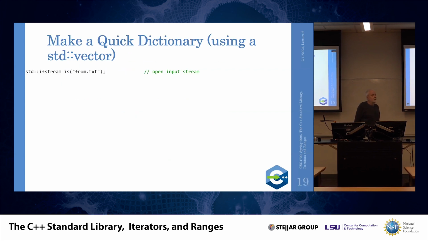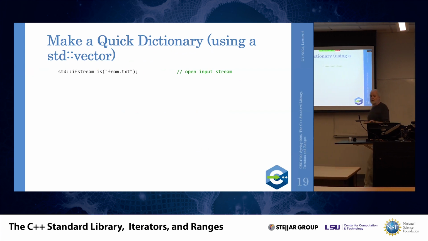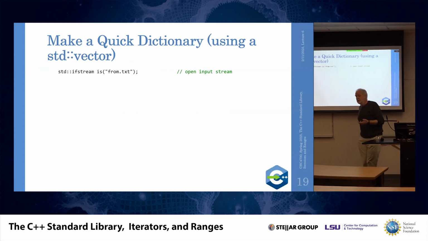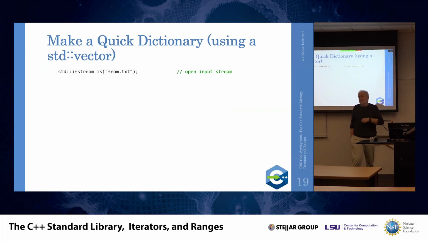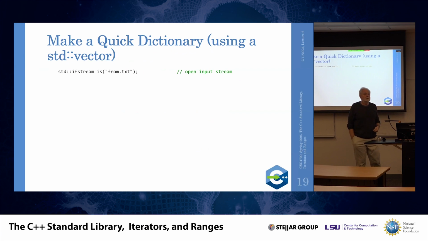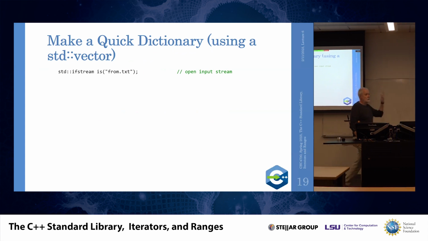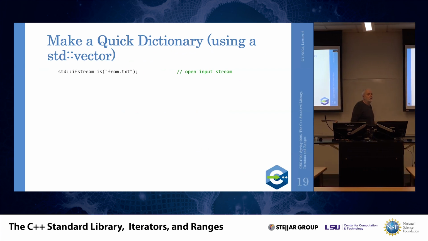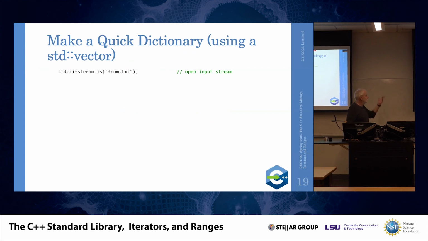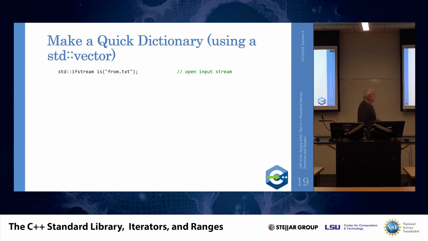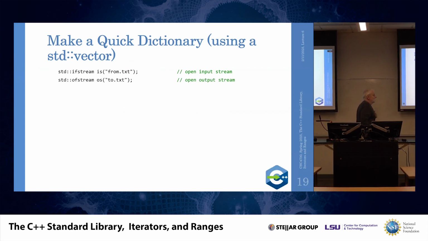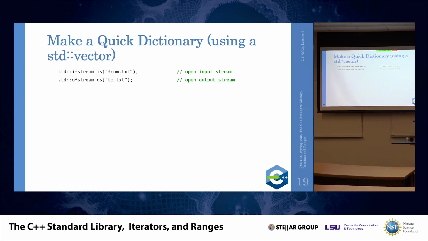So let's create a dictionary. A dictionary generator is a program that reads in a text and spits out a list of unique words that are sorted alphabetically or something like that. Let's write that, and you will see it's just a couple of lines of code. We have two files, the one we want to read the text from and the file we want to write the dictionary to.